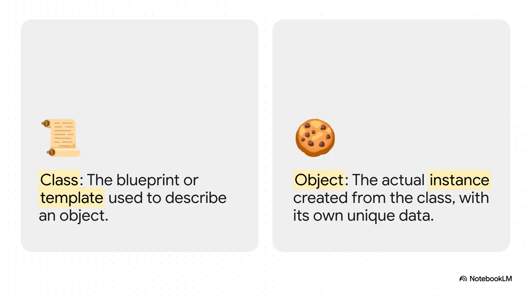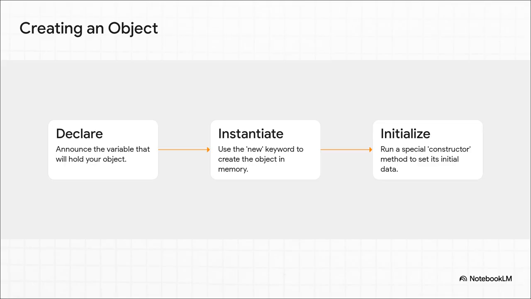Maybe one has a radius of 5, another has a radius of 20, same blueprint, different results. So how do you make one of these objects? It's like a little 3-step dance. First, you declare it. You basically tell Java, hey, I'm going to need a variable to hold a circle. Then you instantiate it. This is where you use the magic new keyword, which tells Java to actually build the object in its memory. And finally, you initialize it, which means giving it its starting values.